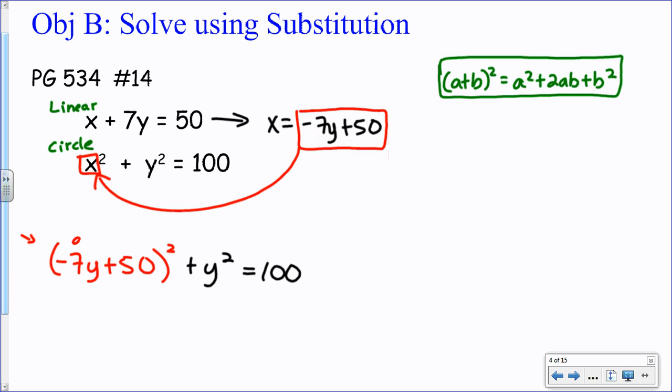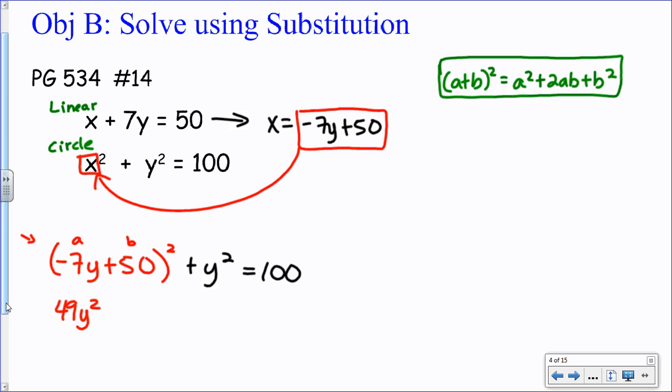Okay, so my A is negative 7y and my B is 50. So when I square negative 7y, first of all, when you square a negative, it's positive. 7 squared is 49. And then you're squaring the y also, so y squared. The next part, 2ab. So you've got to multiply these together, negative 7y and 50, and then times 2.